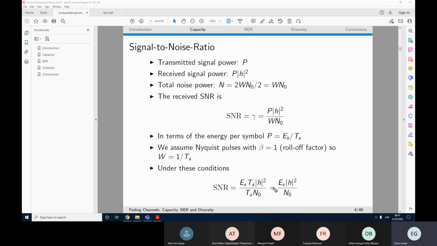The received signal power is denoted like this, because naturally during the transmission the power of the signal decreases. So here we have this level P, and here we have this level P multiplied by h squared.